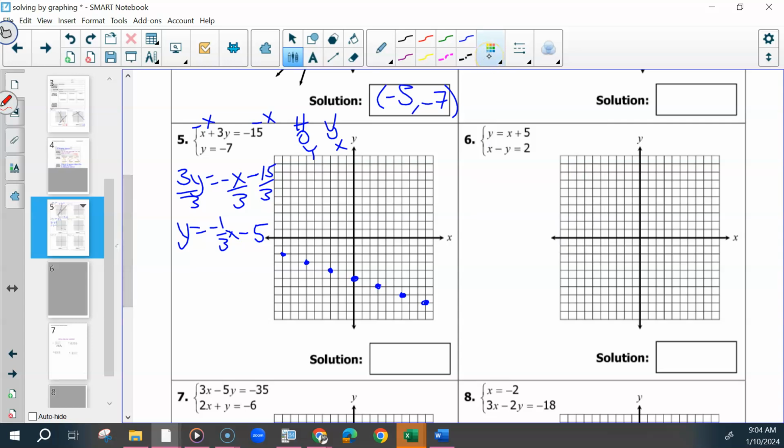So y equals -7, on the y-axis plot a point, and then draw your line. And those two lines are going to cross where?